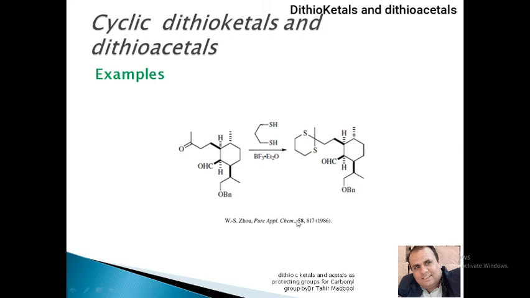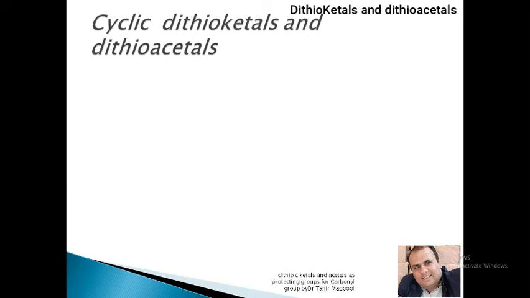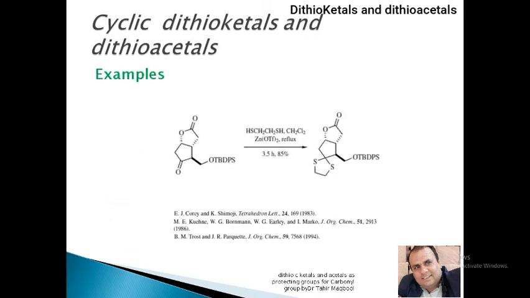If you want to see the detailed reference, you can go to this paper. There is another example in which this keto group is protected by using 1,2-dithiol in dichloromethane. Using this reagent, the yield is 85%, and you get the 5-membered cyclic dithioketal. These are the references.